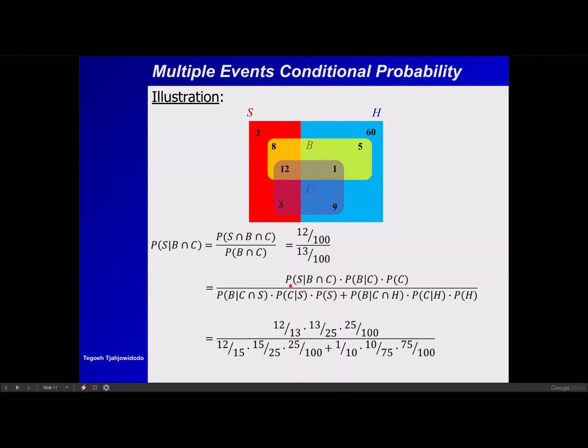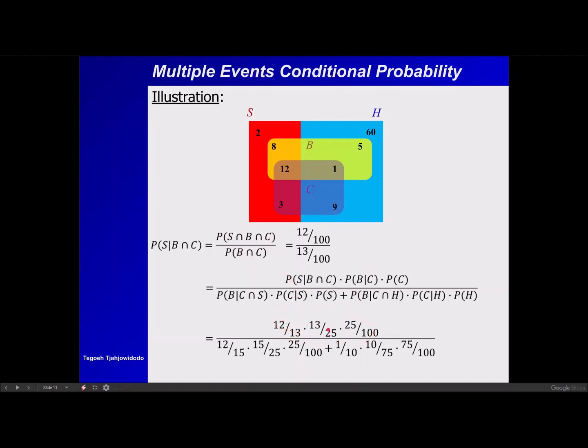And the last part is probability of S given B and C. B and C is this, right? And probability of S given B and C, S is a part of it, it will be 12 divided by 13. So you can calculate the probability of S, B and C occurring together.